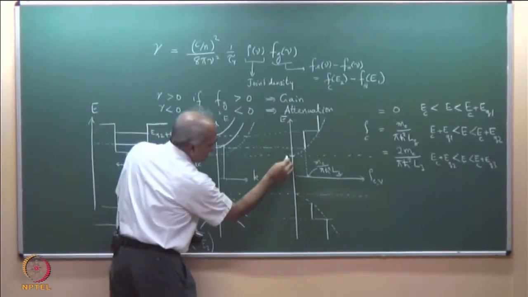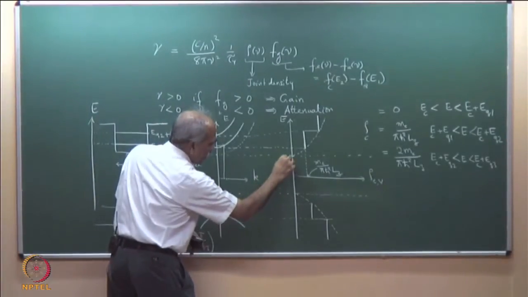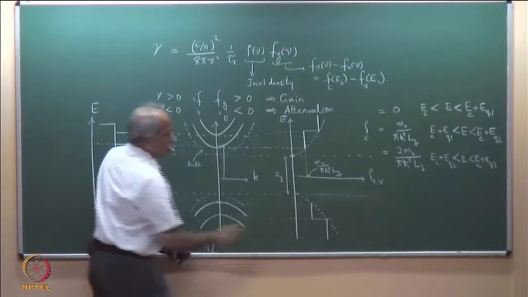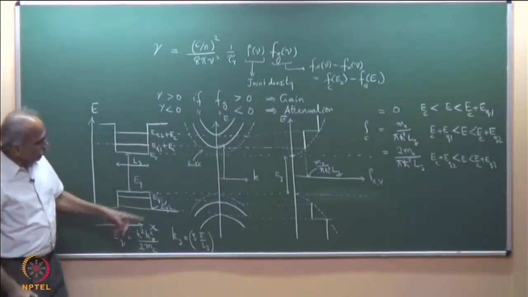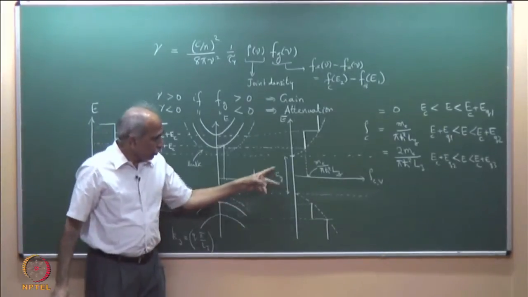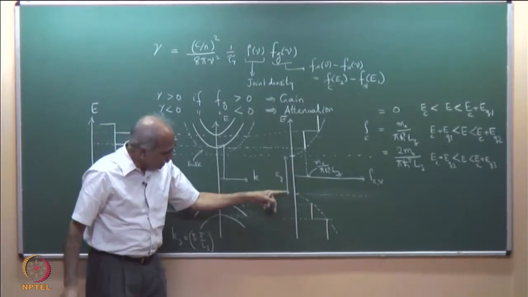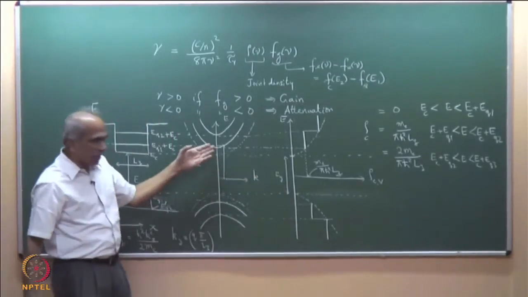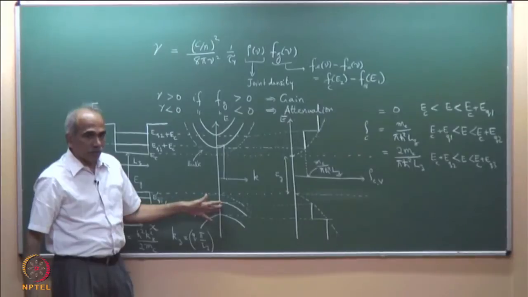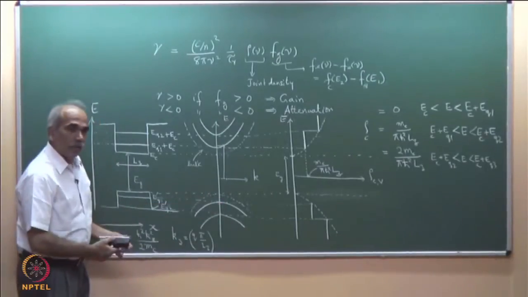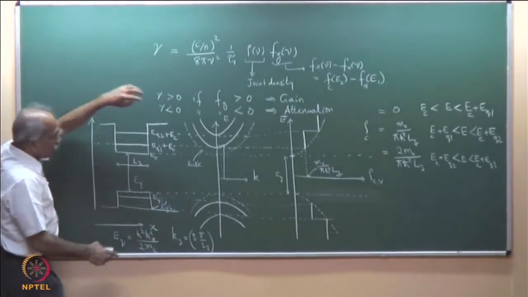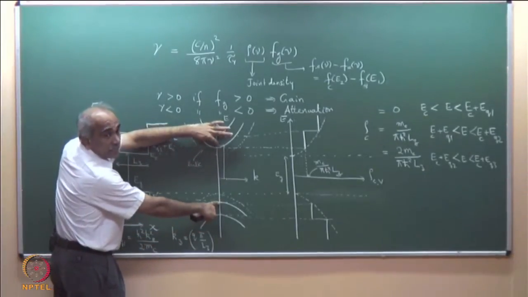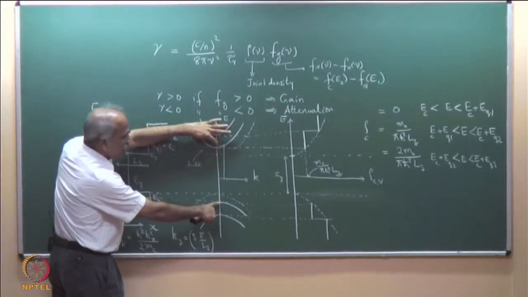So, photons, this is Eg. In this diagram also you can see that this is Eg. In the case of quantum well, photons of energy h nu equal to Eg do not have any state to interact with. The lowest energy photon would correspond to this difference, which I call EgQ1.